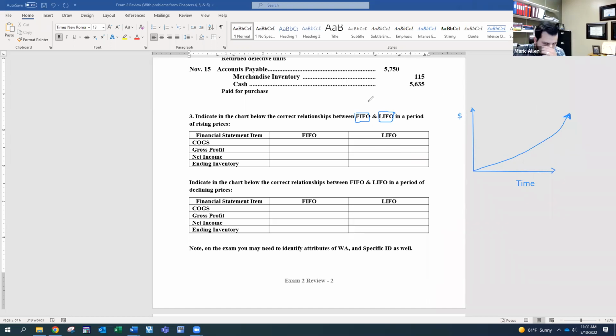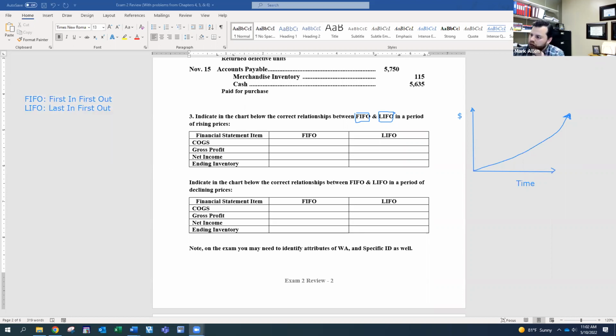Now, let's think what these two things mean, and let's write those out. So FIFO means first in, first out, and LIFO means last in, first out. So first in, first out versus last in, first out.